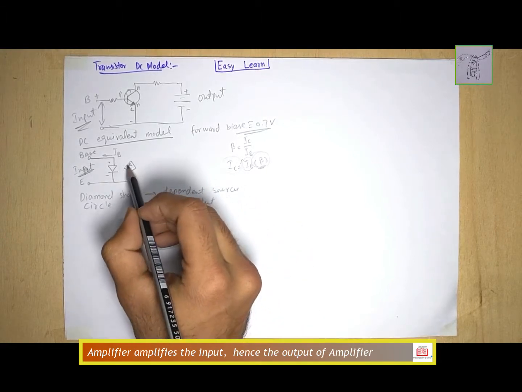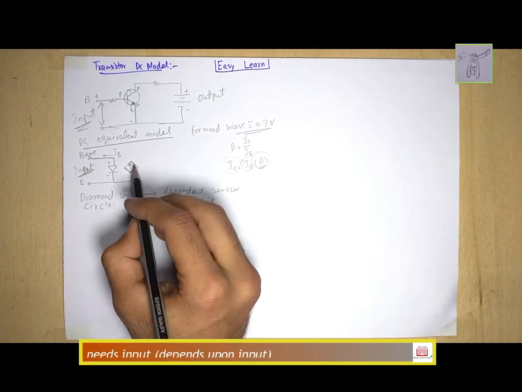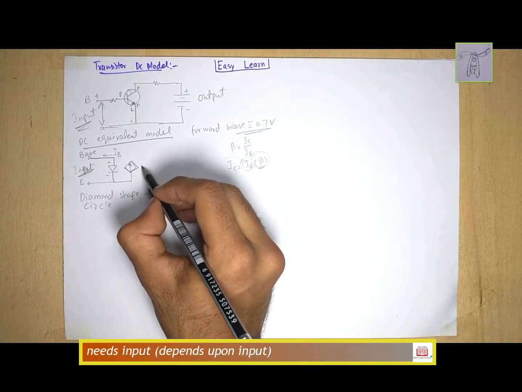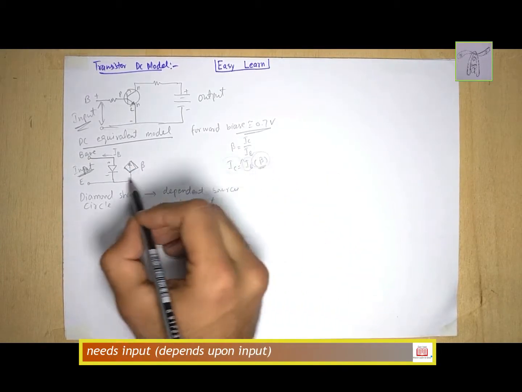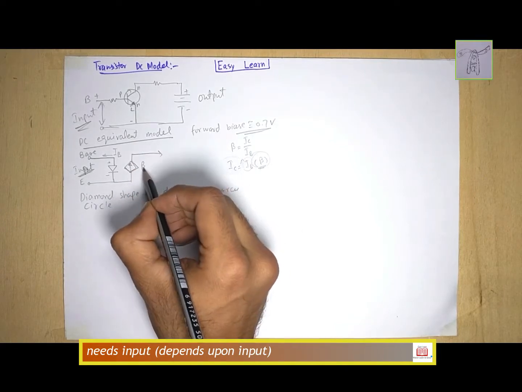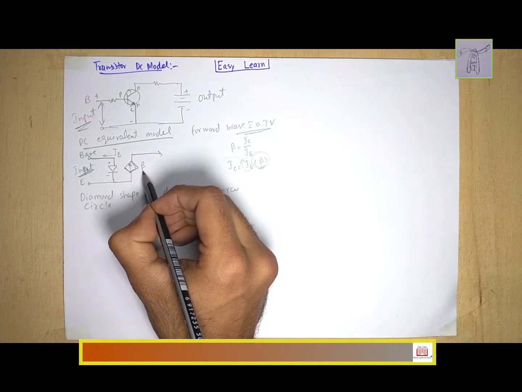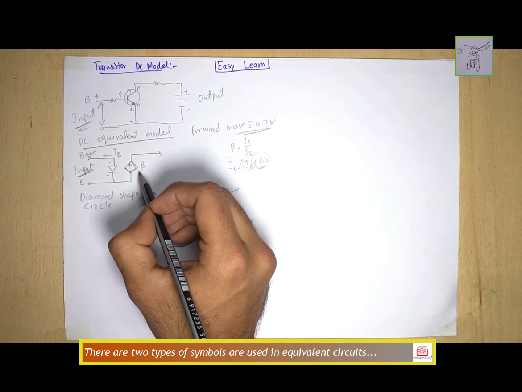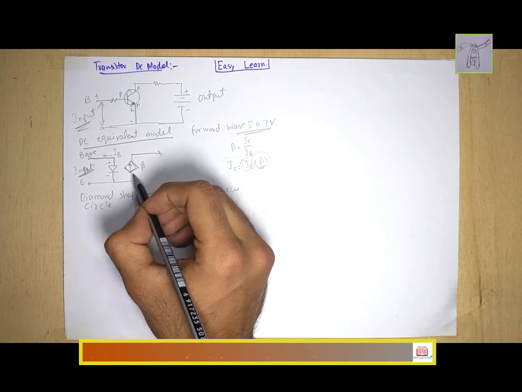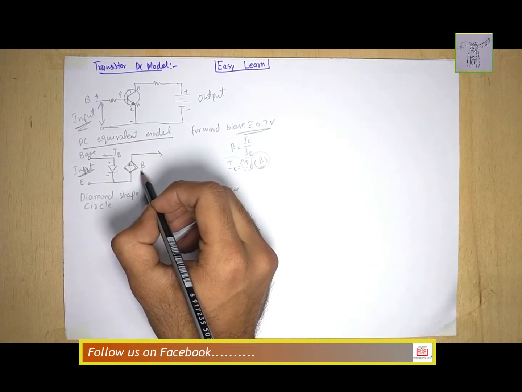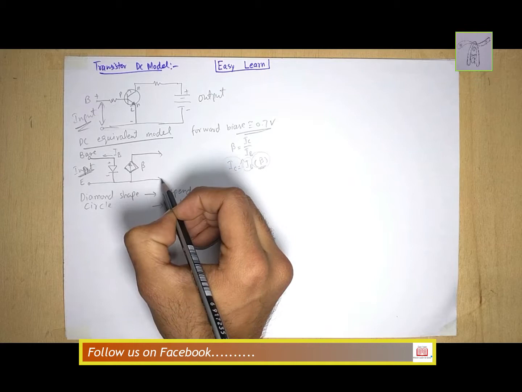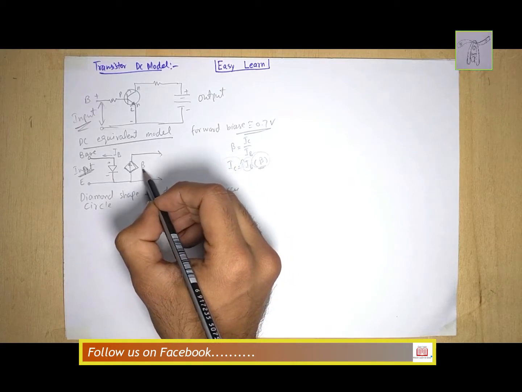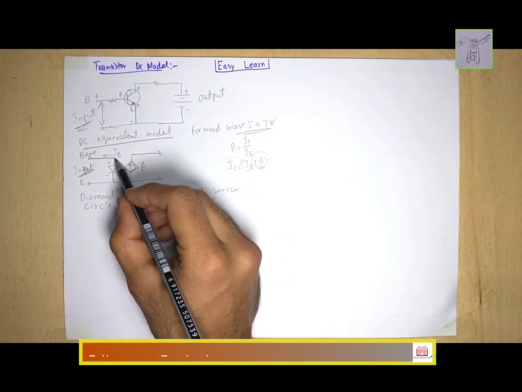I use this diamond symbol here because of beta DC. The DC beta is the capacity mentioned by the manufacturer on the data sheet of the bipolar junction transistor, the boosting capacity of the transistor, and it depends on the base current IB.